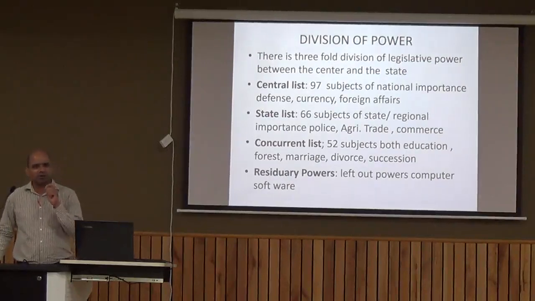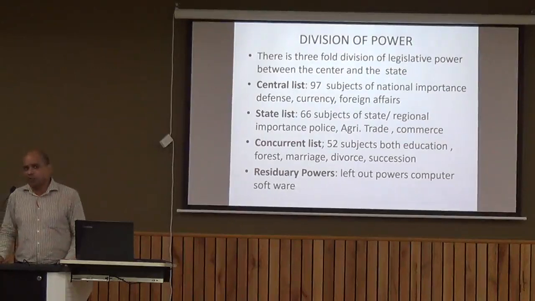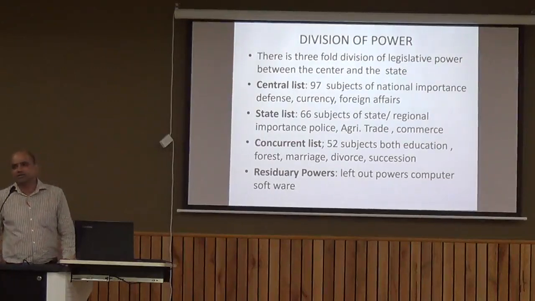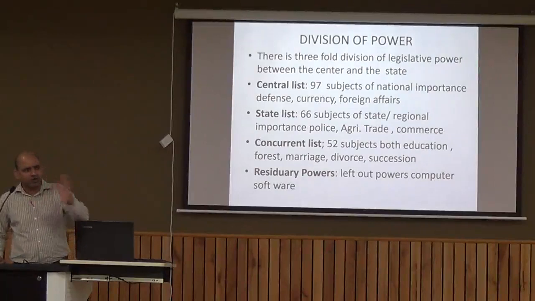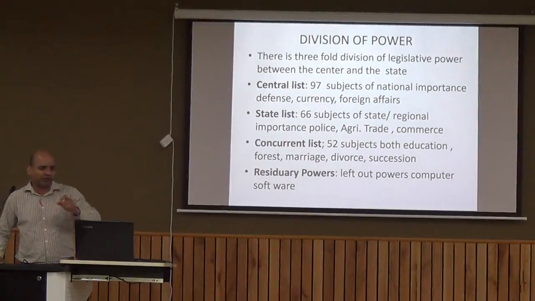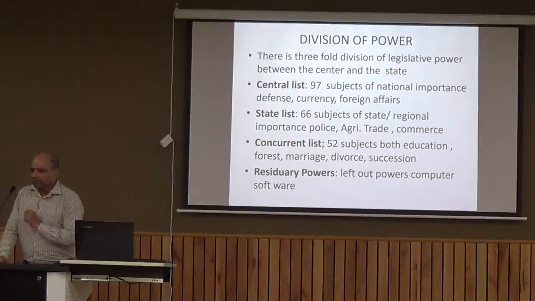This is also called legislative division of power, or division of legislative power between center and states. And this is popularly known as the threefold division of legislative power. In India, these powers are divided between center and states under three lists. This arrangement is done so that each level of government will have its own fixed area of jurisdiction. For example, number one, the union list or the central list.